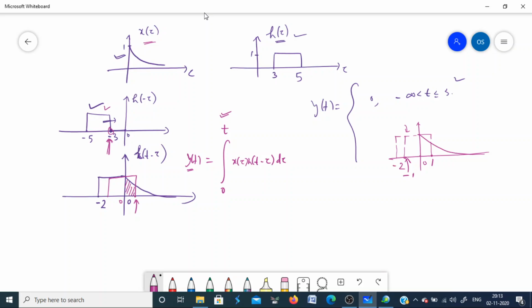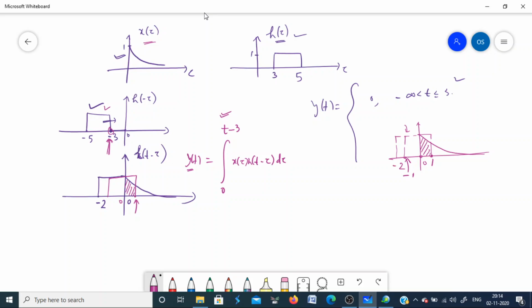So from 0 to 1, your area is overlapping. Although you are shifting it by 4, it means the limits of integration is not from 0 to t. It should be from 0 to t minus 3, isn't it?